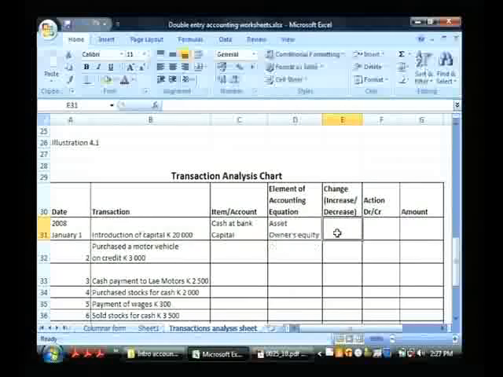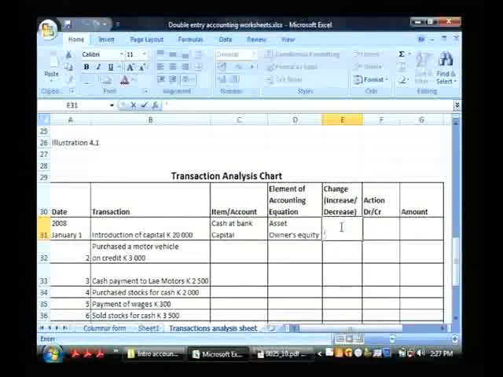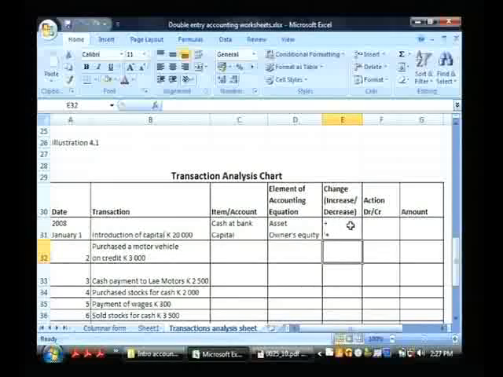Capital is an owner's equity account. Increase or decrease: when capital is introduced, cash increases by 20,000, and capital also increases, therefore both pluses.